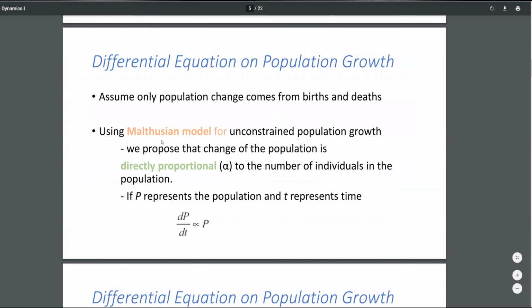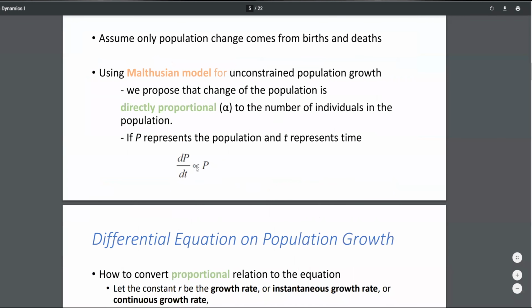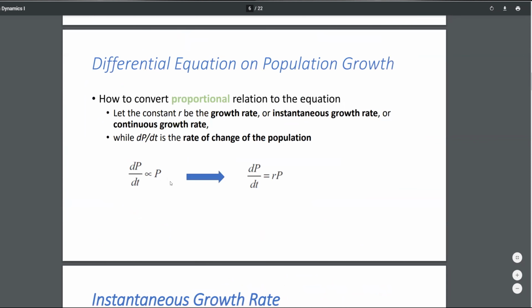And we talk about the Malthusian model, where you say the change in population over time is directly proportional to the initial population. If you want to change that to an equation, you apply some rate of change.